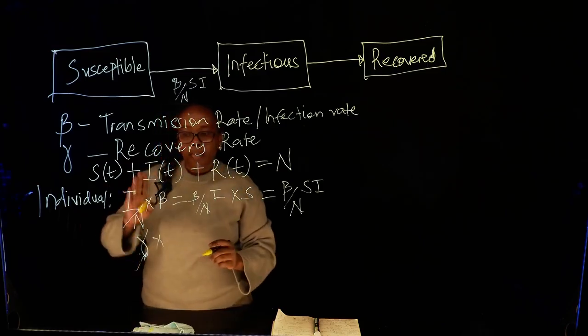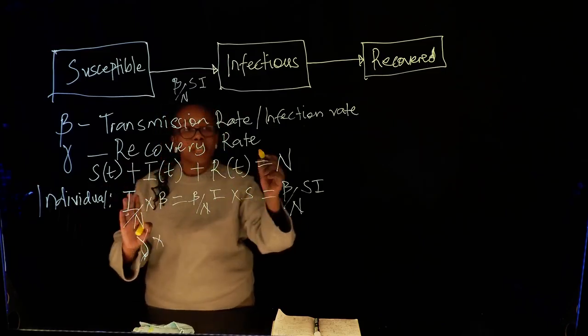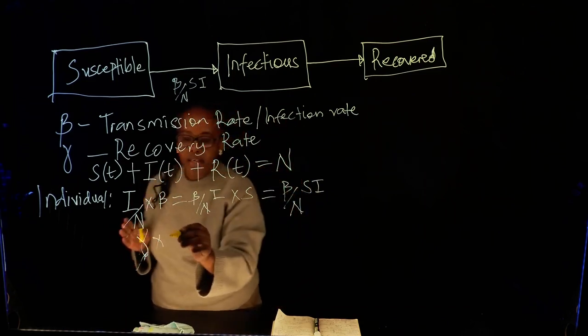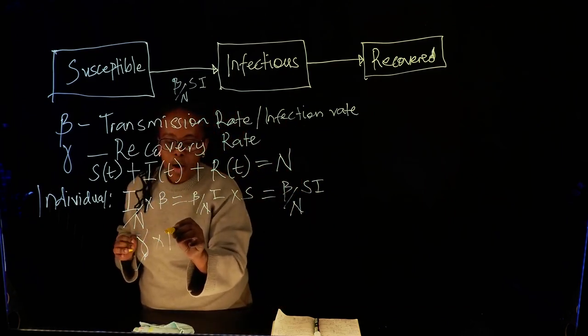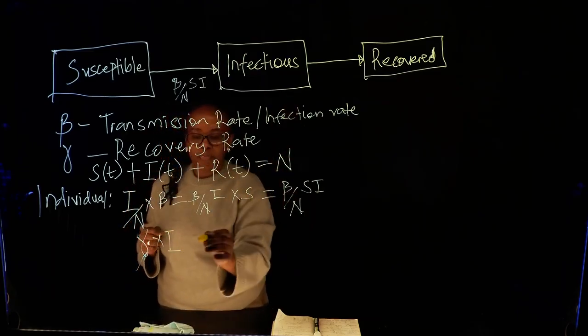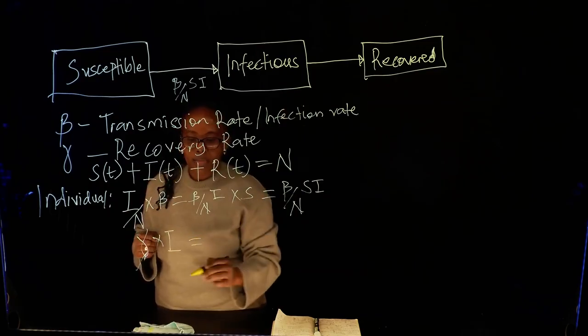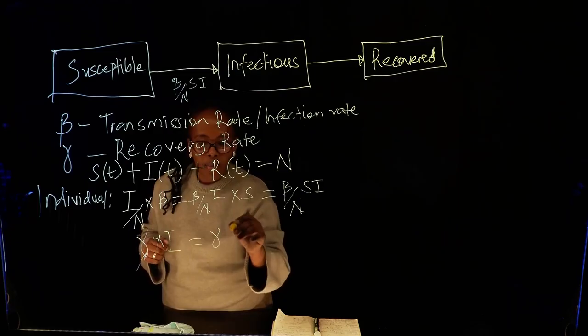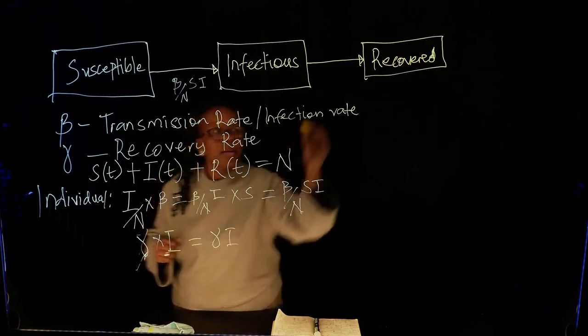Because we are considering the population of the infected, we are going to multiply by I, which is for the infected compartment. So this gives us gamma I.